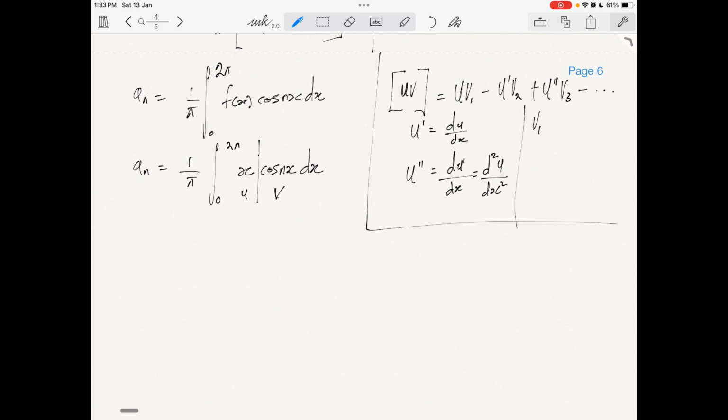And v1 is the integral of v with respect to x, v2 is the integral of v1 with respect to x, and v3 is the integral of v2 with respect to x. Now moving on, our u is x and our v is cos nx. Hence, when we differentiate x, we have 1, and when we differentiate further, we have 0.